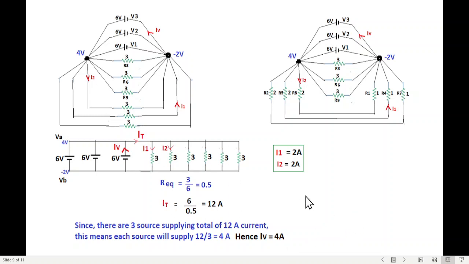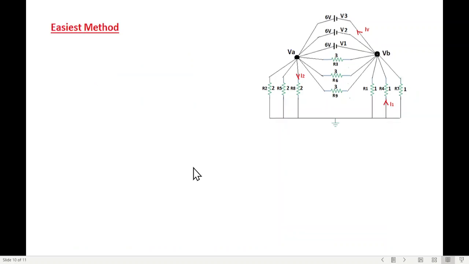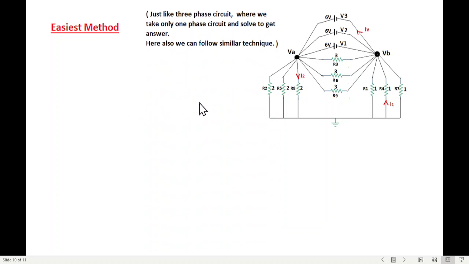Now after having solved this, I realized that this is again slightly tricky, and in an effort to find an easy way, I tried to adopt this technique. And what is that?